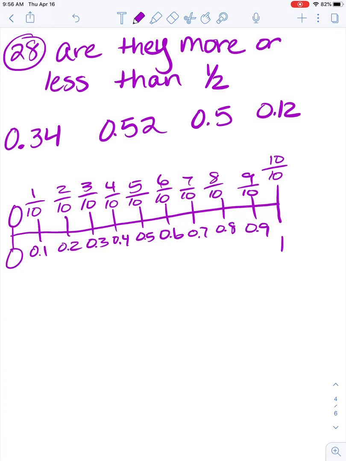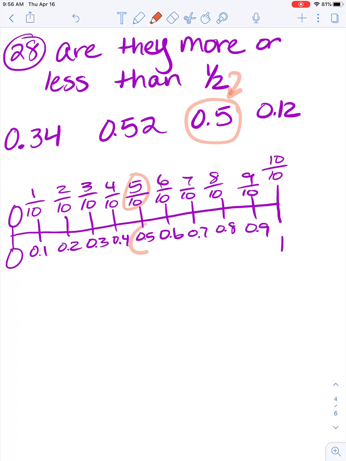Okay, I went ahead and drew the number line for this. You should know that the decimal of 1/2 is 0 and 5/10. That should be known. We've worked on that. So 1/2 does equal 0 and 5/10 because 5 out of 10 is the same as 0 and 5/10.